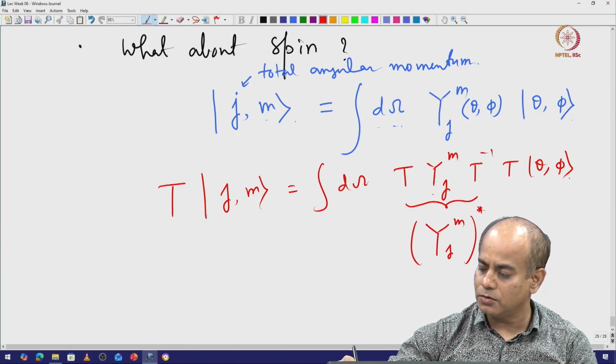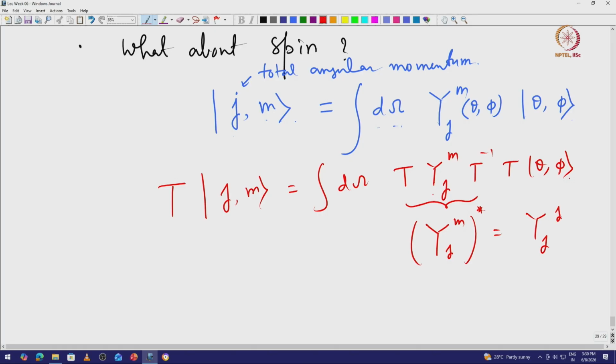And this is equal to Y_j minus m times minus 1. So, I may have made a mistake. Yeah. So, let me write it, j minus m, Y minus m j, at theta phi.